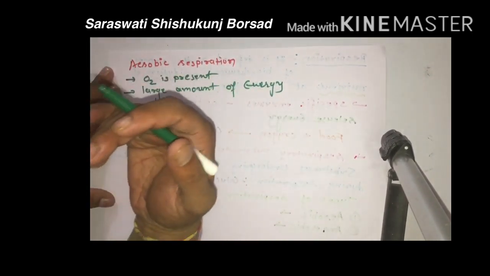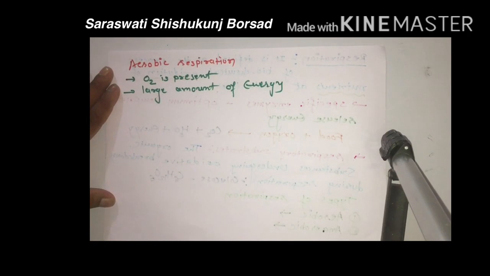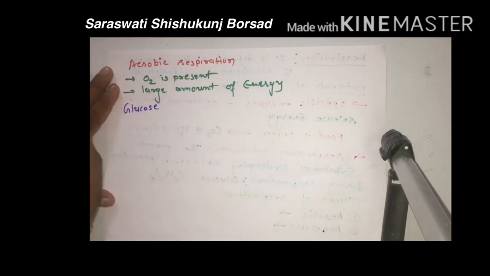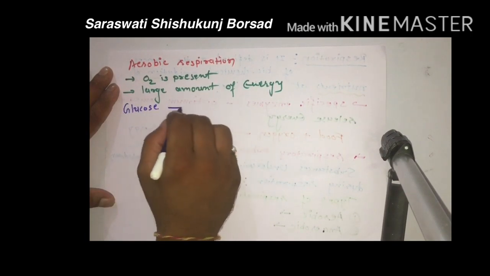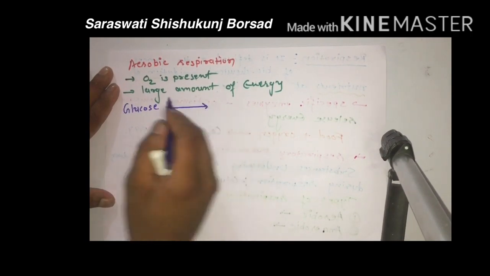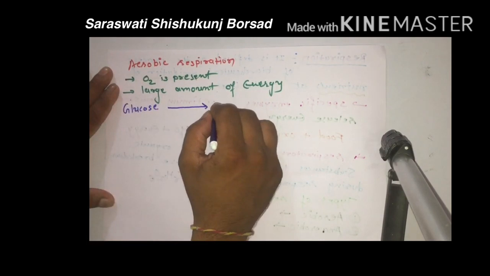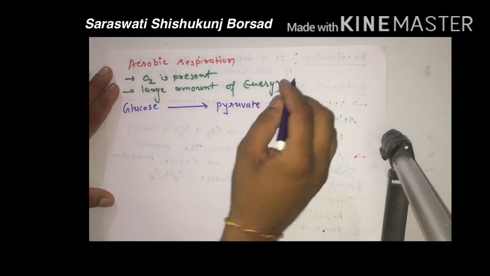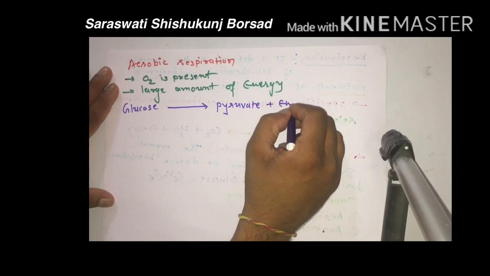If we want to give the equation of it, we can give it like this: glucose, which is our carbon molecule, will get converted into pyruvate plus energy.